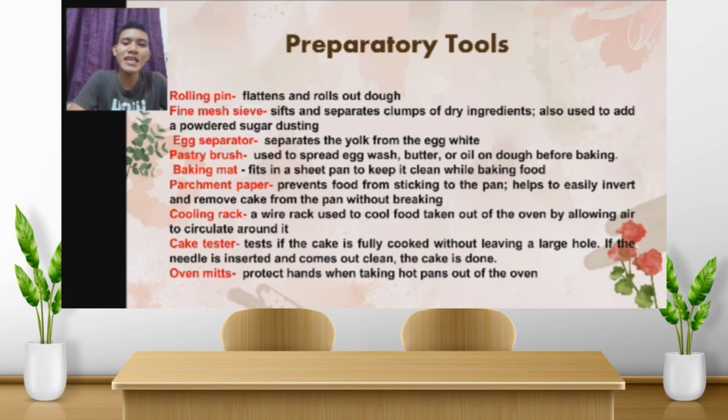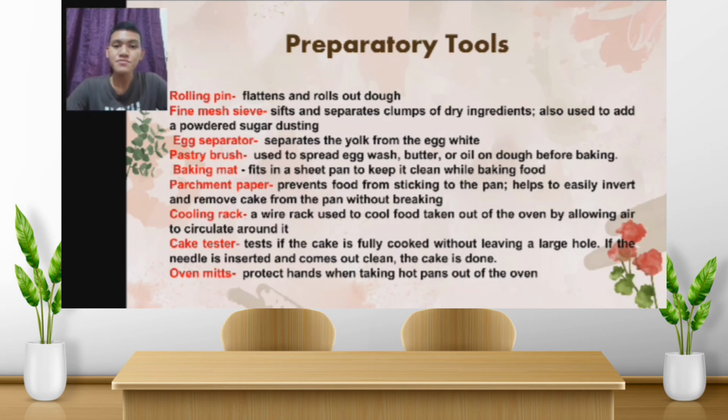This is the most appropriate tool if you are going to separate the yolk and the egg white. Next we have the pastry brush, used to spread egg wash, butter, or oil on dough before baking. When we say egg wash, mauni ang mura og final nimo nga ibutang nimo sa imo ang bread para naa siya shiny or crusty outside.